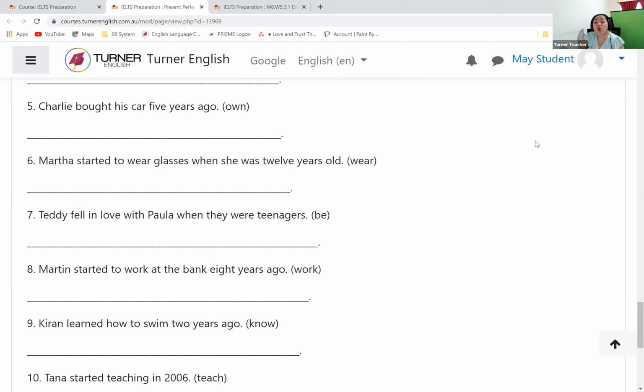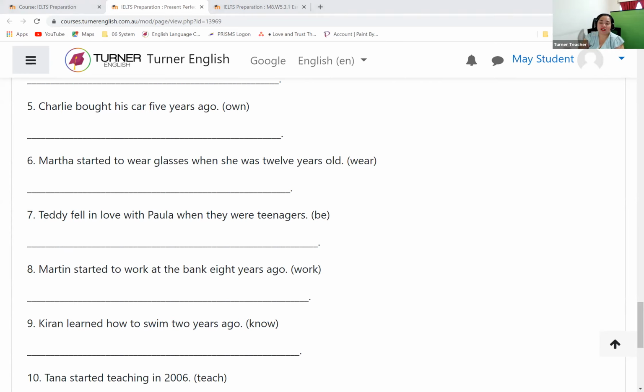Okay, Maria, worn. The past participle is W-O-R-N, worn. Damon, worn. Okay, Nayan, it's wearing. So Martha has started wearing glasses since she was 12 years old.